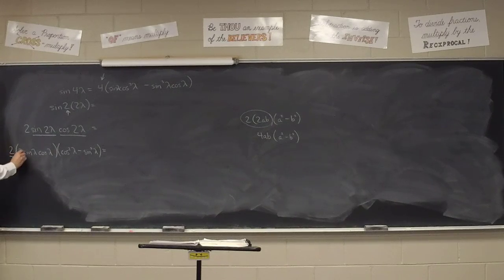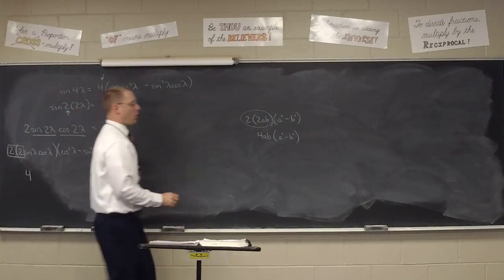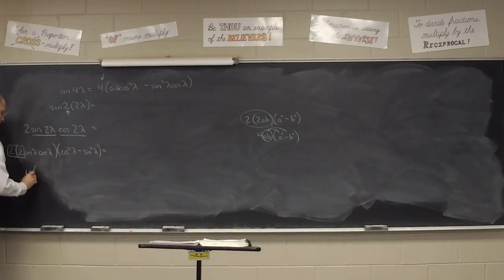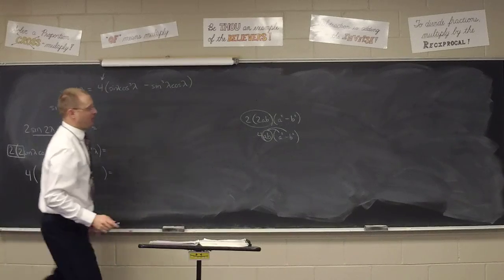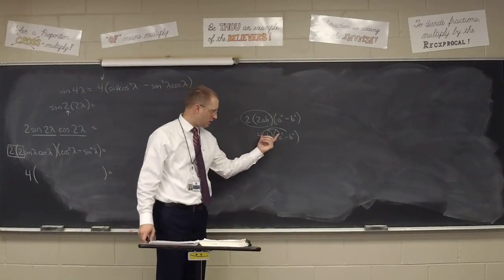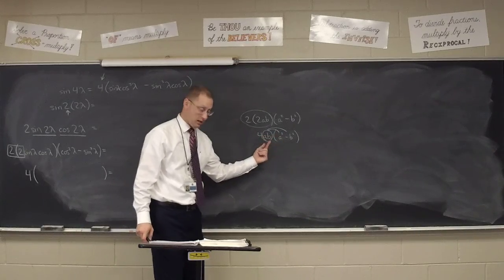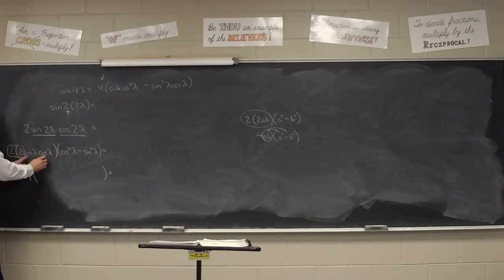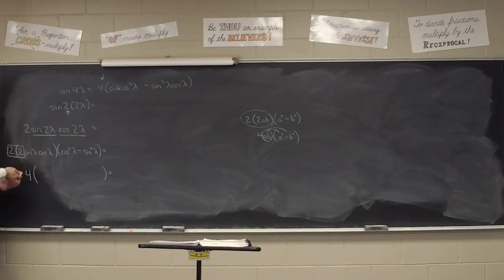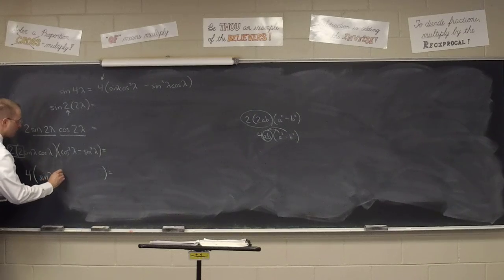So let's just multiply the 2 times 2 to get 4, and let's only distribute the ab. If it were ab times a squared, you'd get a cubed b. Well, here it's sine cosine times cosine squared. What does that give me? Sine lambda cosine cubed lambda.